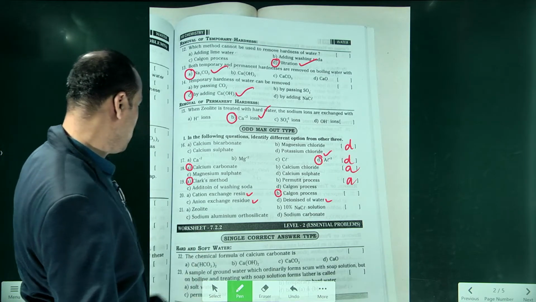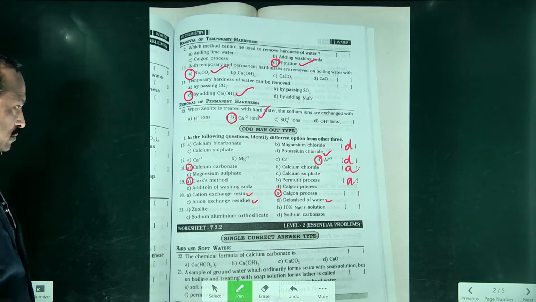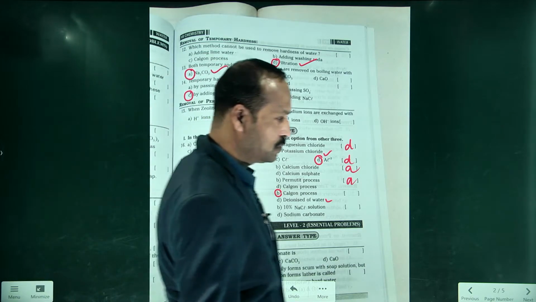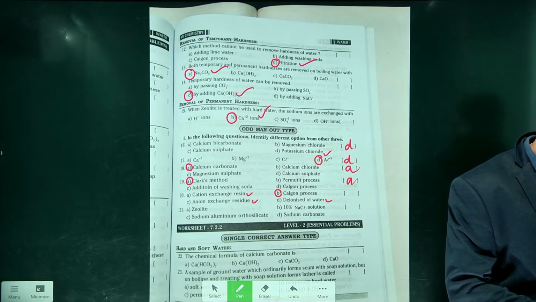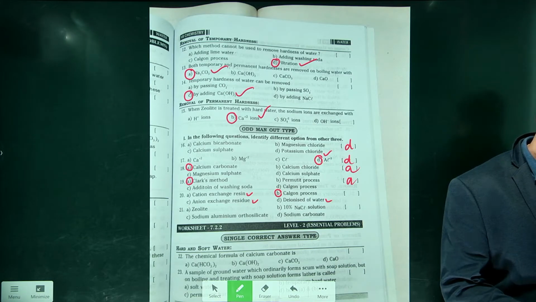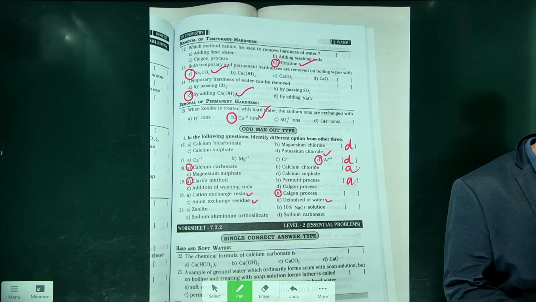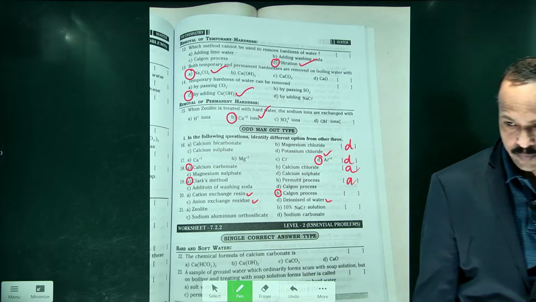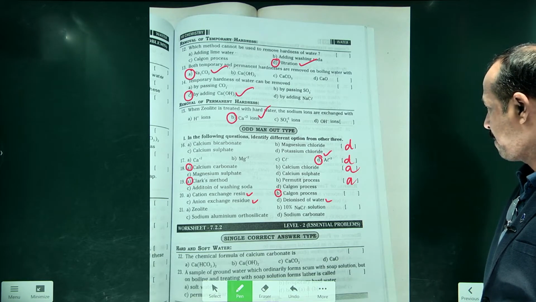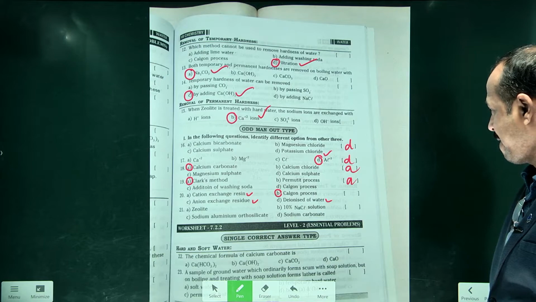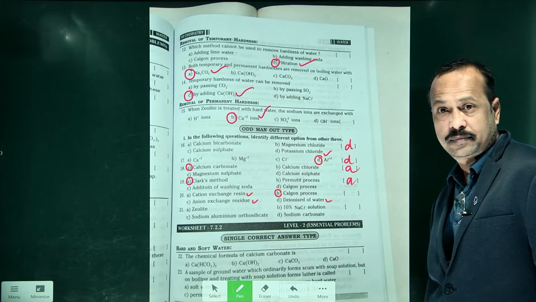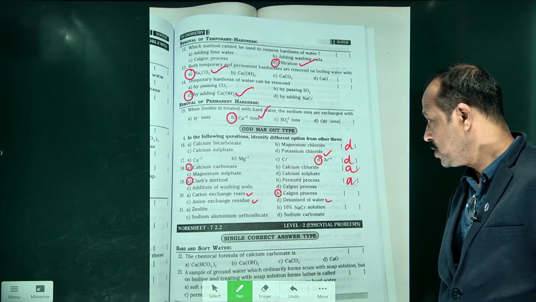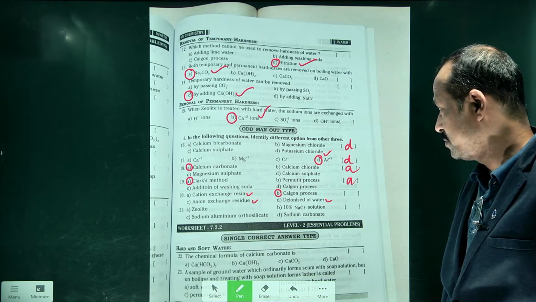Now the 21st one, you see. Sodium carbonate, sodium aluminum... Sir, I think option C. Option? C, sir.